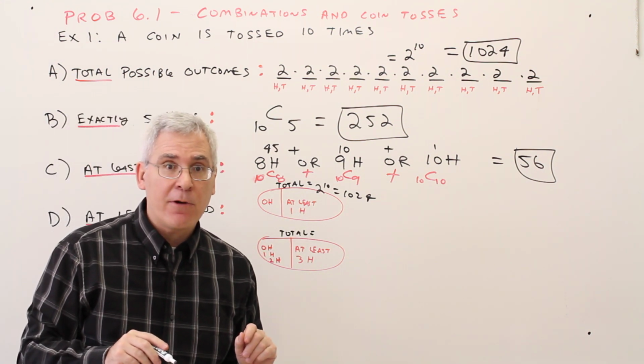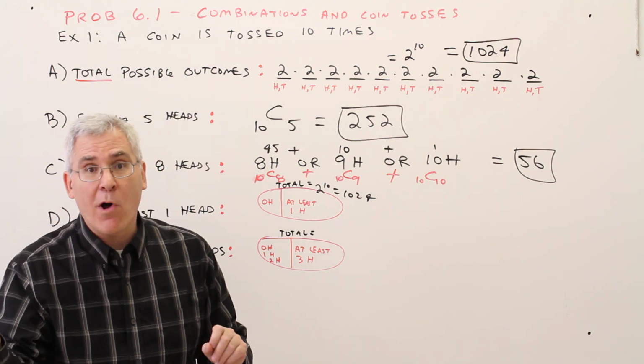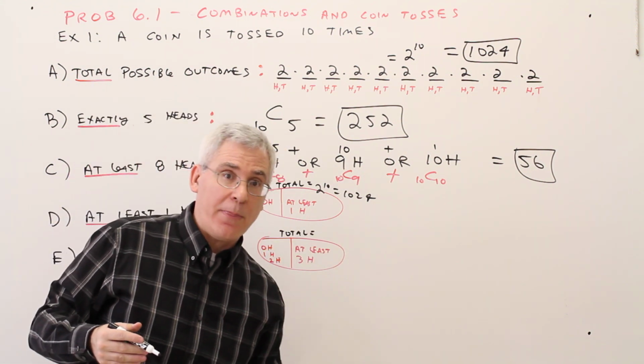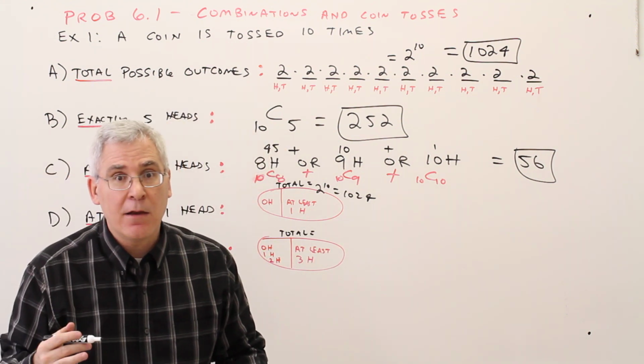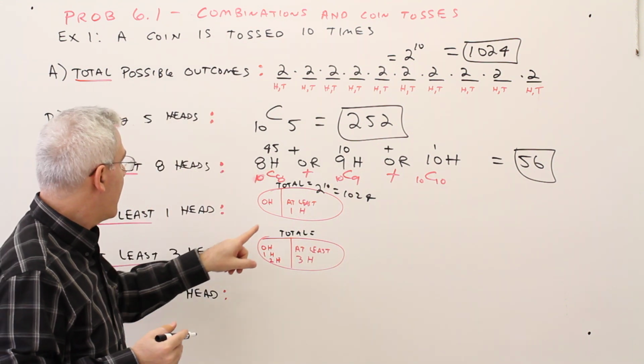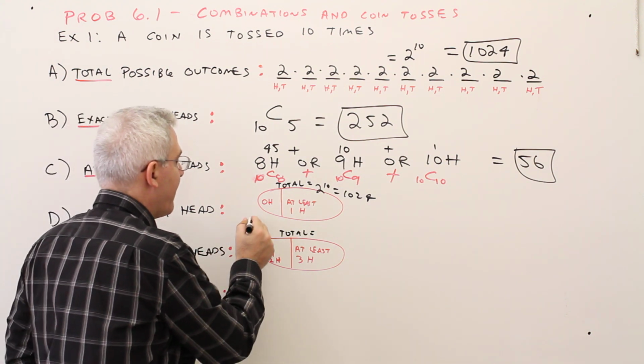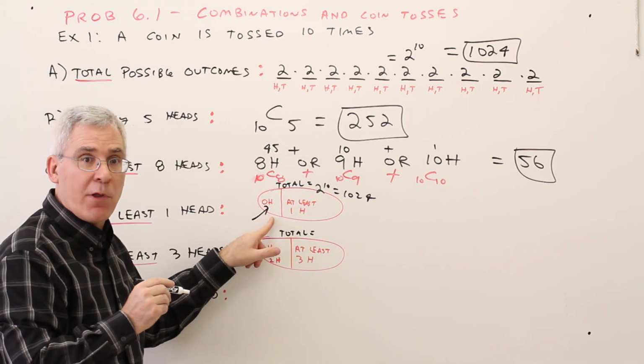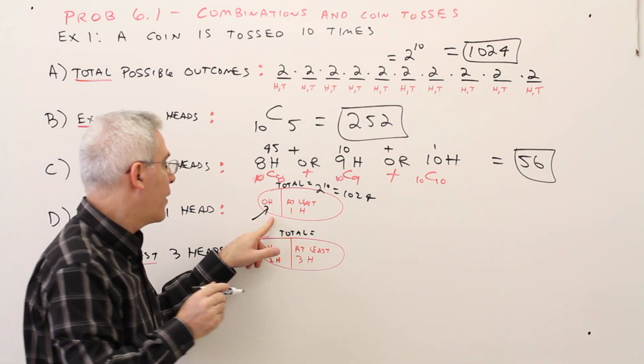Either you're going to have at least 1 of something, or none of something. Either it's going to rain at least a little bit, or not at all. It's easy for me to find this part, so I'll use subtraction like we did before.